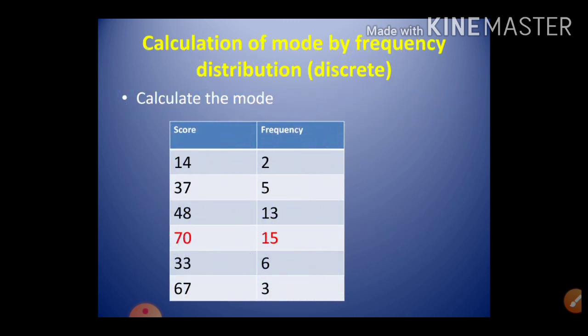Now, the calculation of mode by frequency distribution, or you can say the discrete data. This is very easy. See, the observations are given, the score of the mark is given, and the frequency is also given in the next column. 14, 2 times; 37, 5; 48, 13; 70, 15; 33, 6; 67, 3.